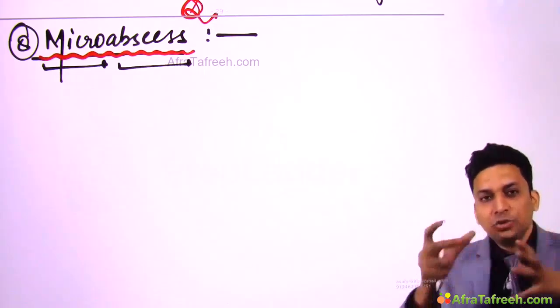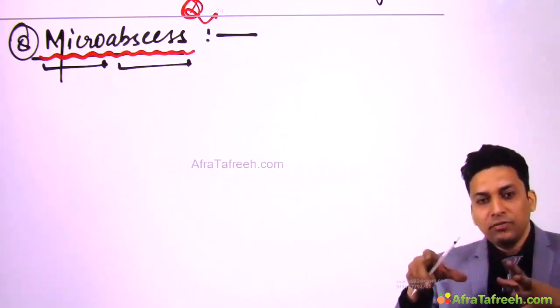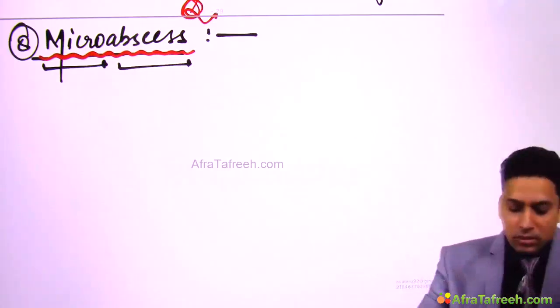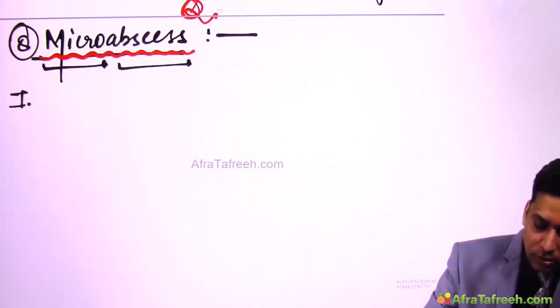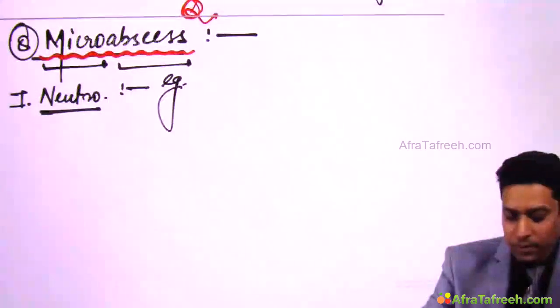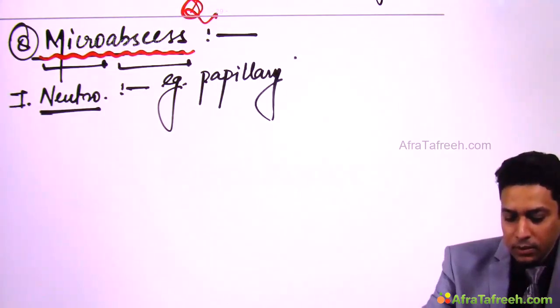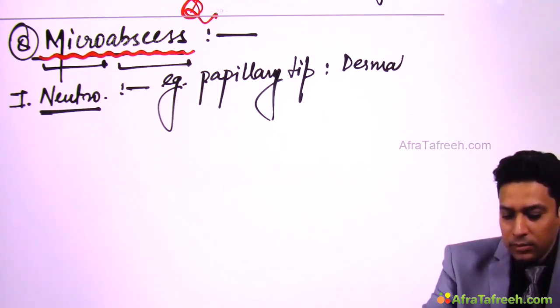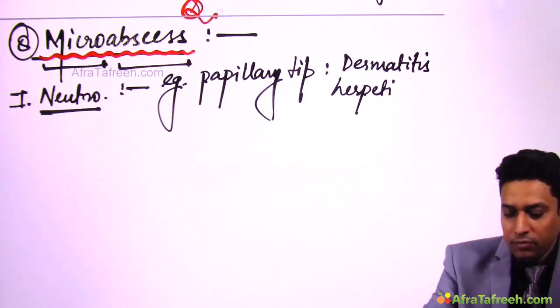Like if the cell is a neutrophil, a small collection of neutrophils will be known as neutrophilic microabscess. So the first one is neutrophilic microabscess. Here you will find small collections of neutrophils. The example is papillary tip microabscess, which is seen in dermatitis herpetiformis.